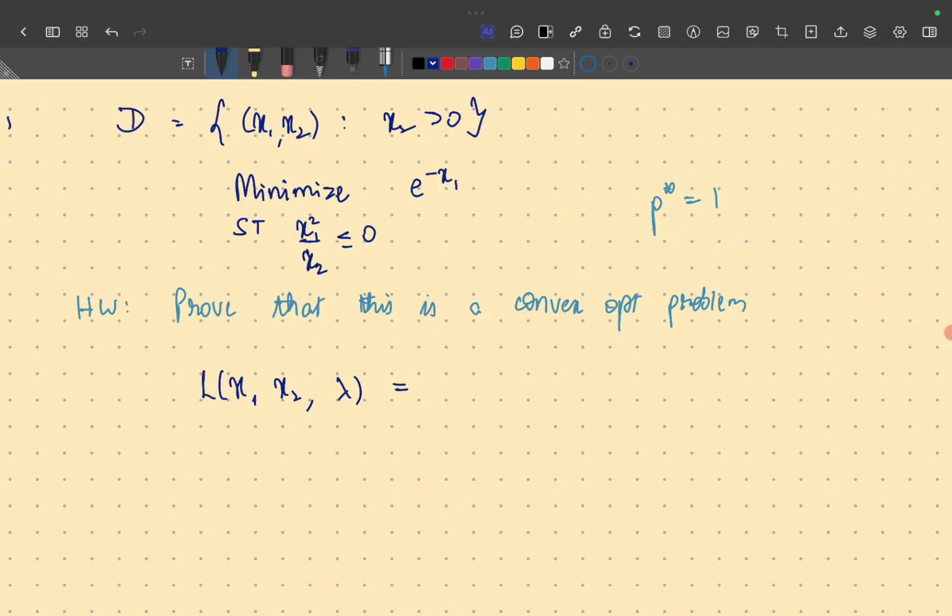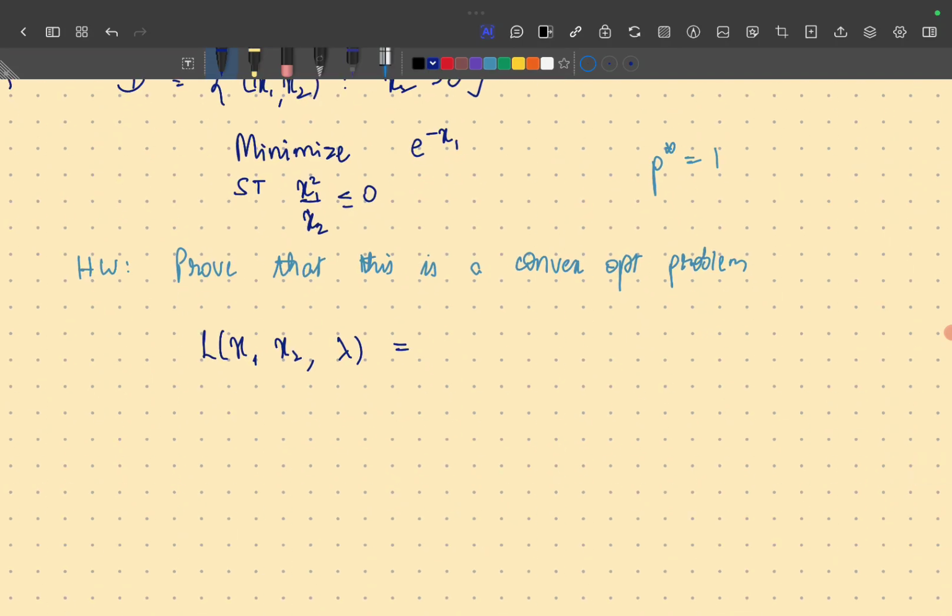The problem itself is defined using these functions, so whatever property you ascribe, it should be to these. I'm also demanding that if you have equality constraints, then the functions that define the equality constraints must be affine. They can't be arbitrary convex functions.